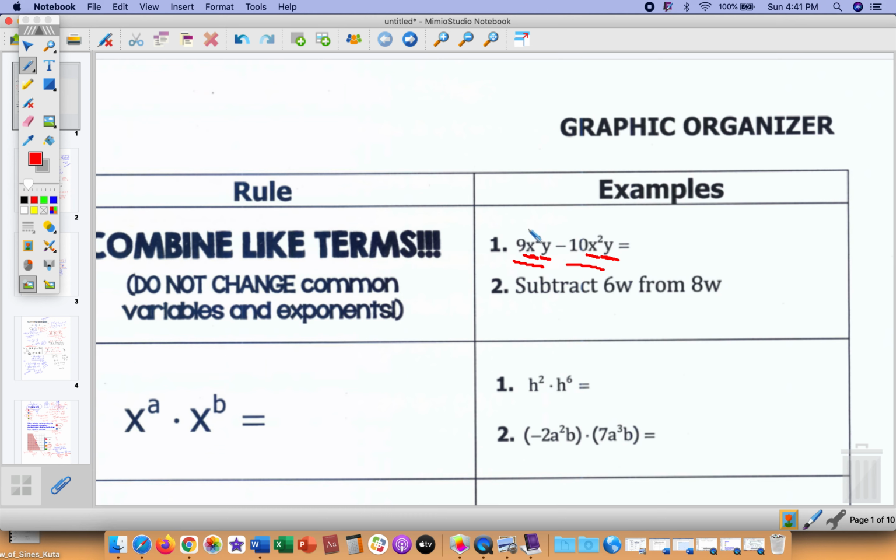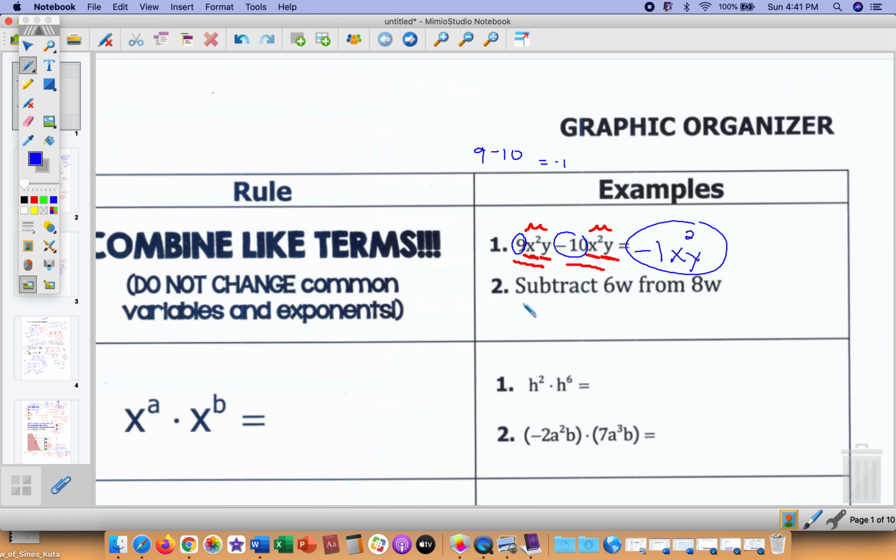So because they're like terms, they're both x squared y, we can add or subtract the values in front. So we know that this is 9 of the x squared y's, and I have negative 10 of the x squared y's, so that equals negative 1 of the x squared y's.